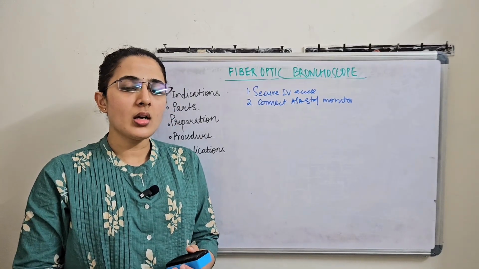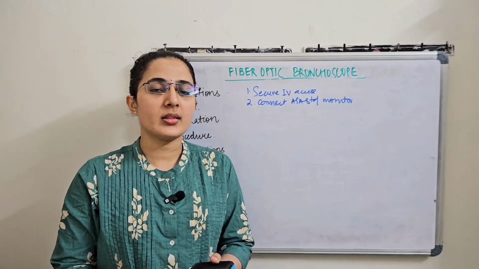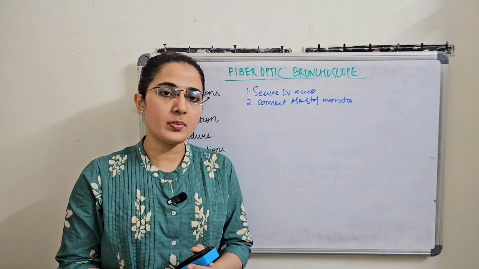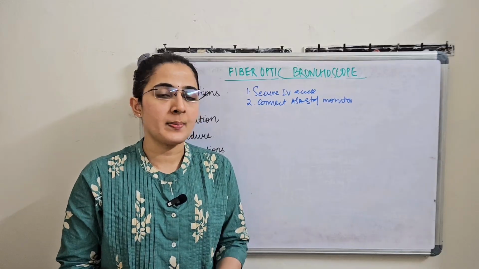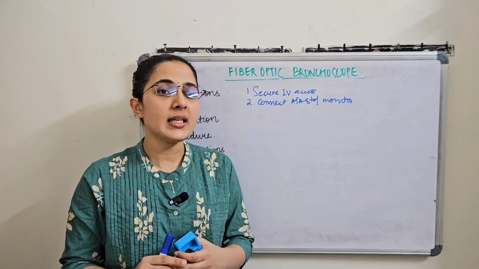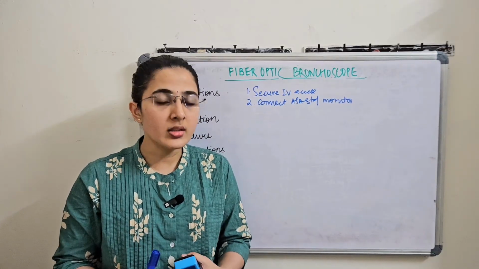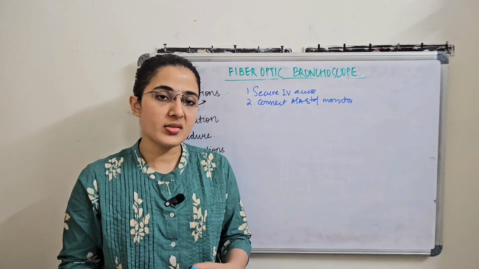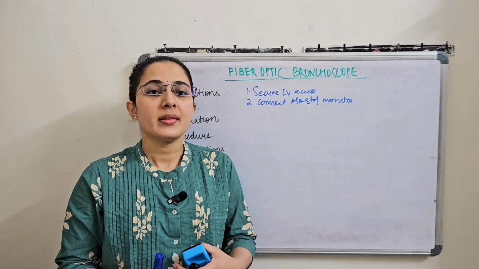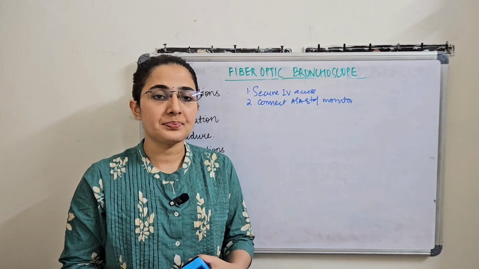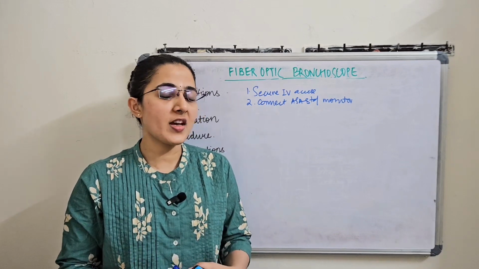When we prepare the patient for this fiber optic bronchoscopy, first is the psychological preparation. The patient has to be carefully explained regarding the procedure. His cooperation is of utmost importance while conducting the fiber optic bronchoscopy. They have to be told about the discomfort they may face.